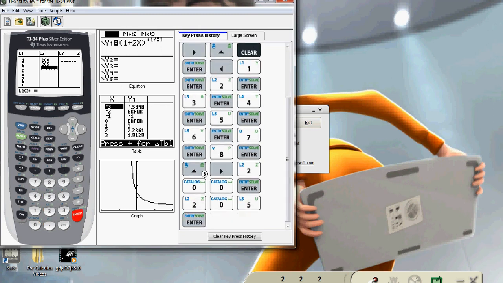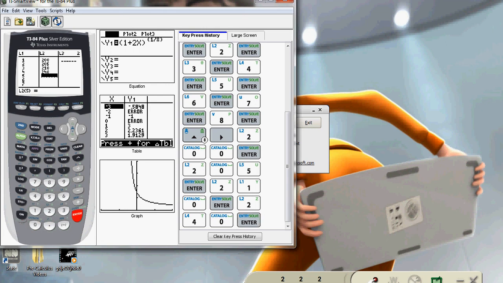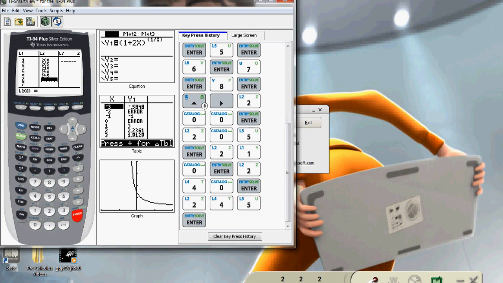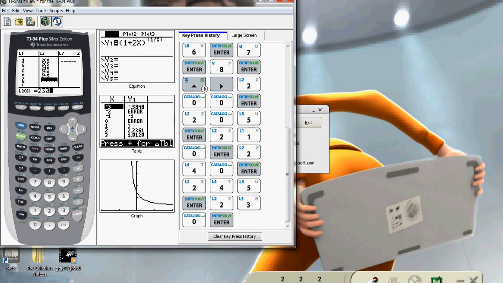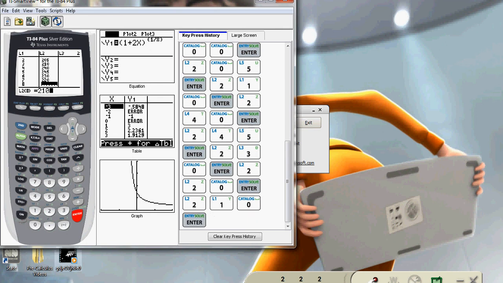I'm going to go ahead and do that for the other 6 values as well. 210, 240, 245, 230, 220, and 210. So there we have, in essence, the table that they gave us. We've got that in the calculator.